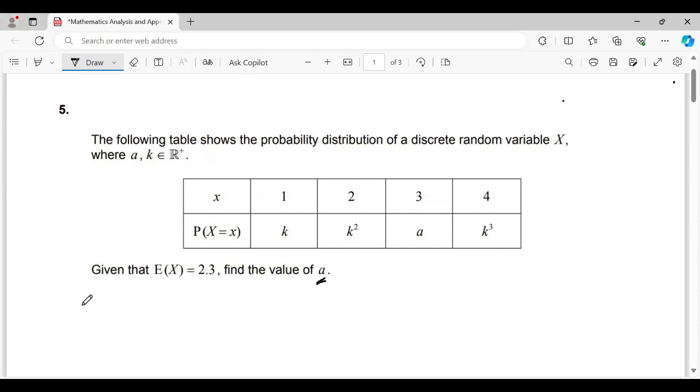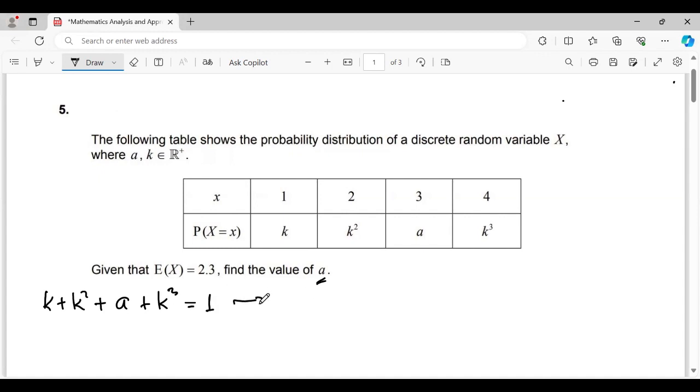I'm going to start with the statement that k plus k squared plus a plus k cubed equals 1, because the maximum probability is 1.